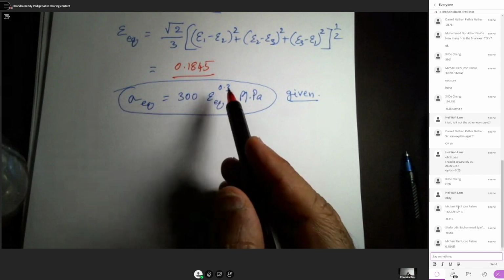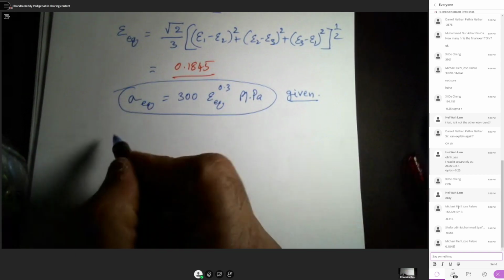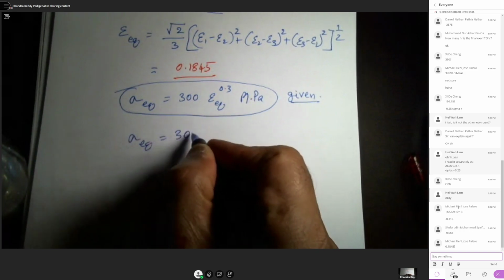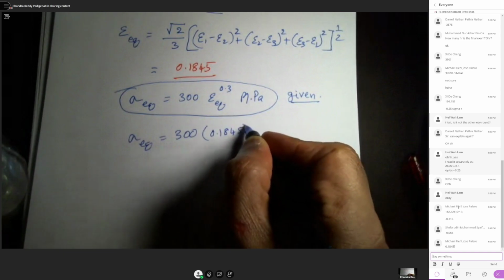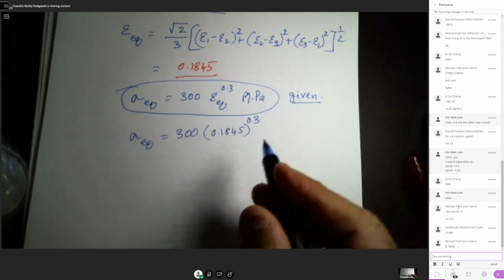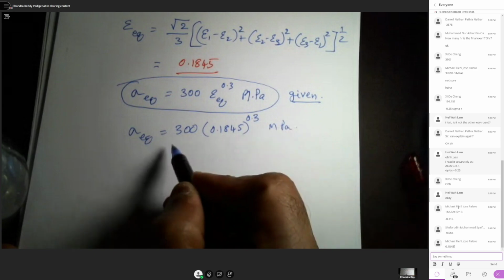So we can calculate the equivalent stress now. The equivalent stress will be 300 times 0.1845 to the power of 0.3. So calculate this equivalent stress.